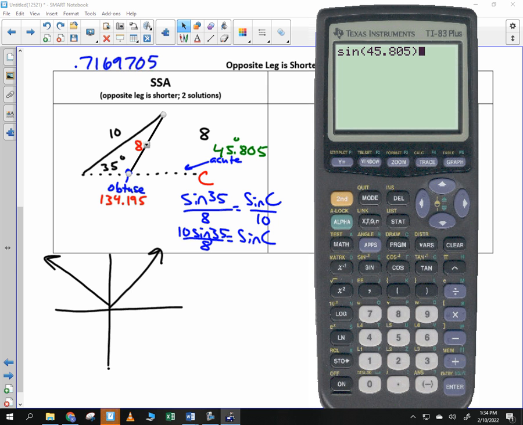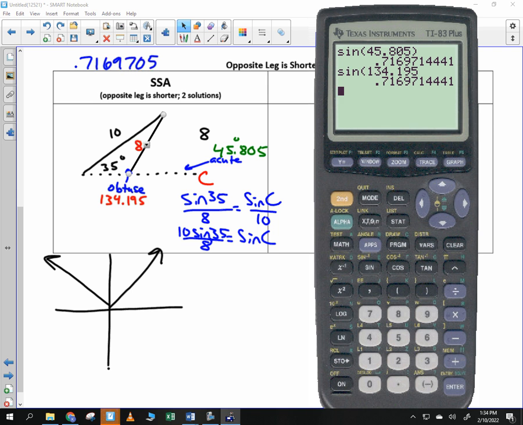You should get 0.7169. Everybody agree? Turns out that if you also take the sine of 134.195, you get the same value.